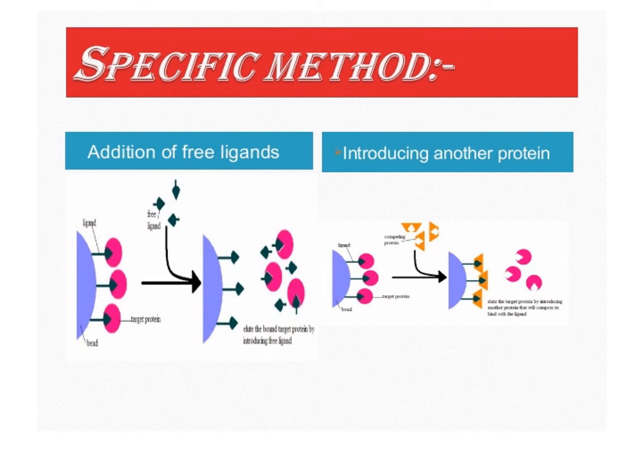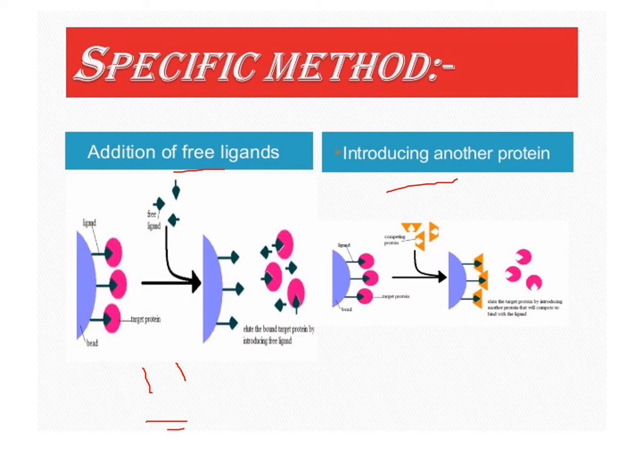You can compete with this ligand, knock it off, and so free ligand can bind it as well, or you can introduce another protein. Two ways to knock off an affinity resin, and what they're not showing is all the other 9,999 proteins have already been washed through the column, and so they're gone.